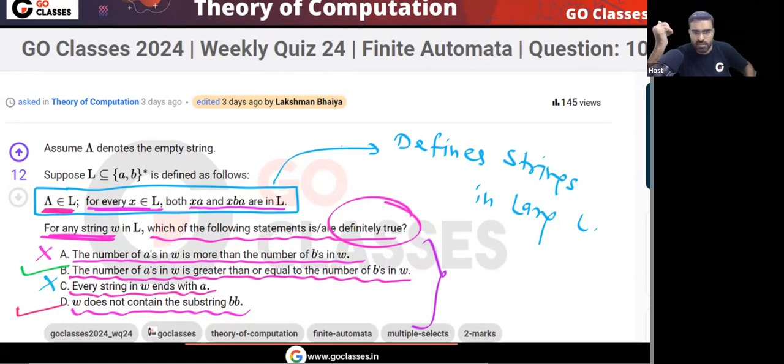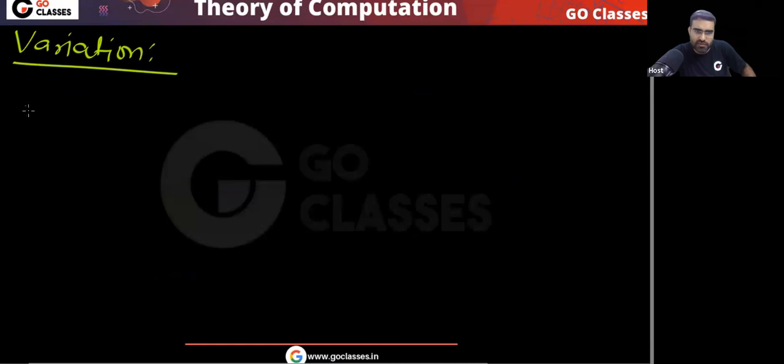Can you create the recurrence relation for the number of strings of length n in this language? This is a variation I am asking. You already know this language. This language starts with the empty string.